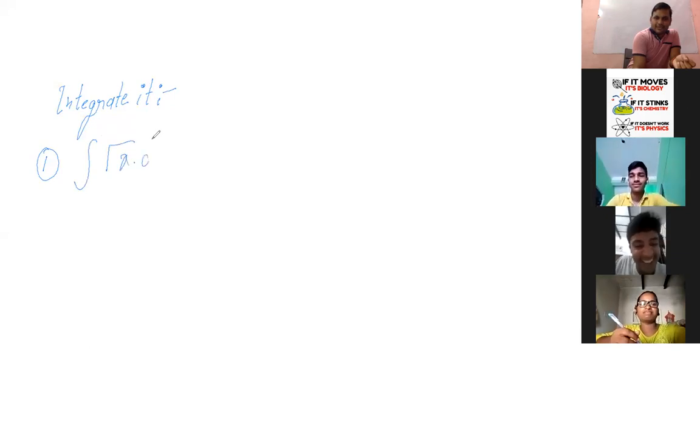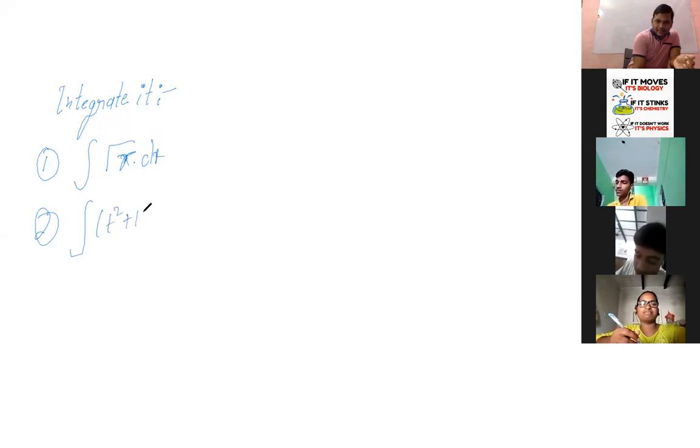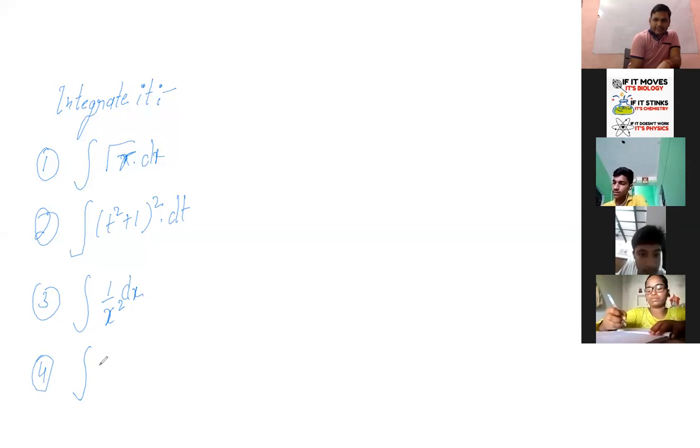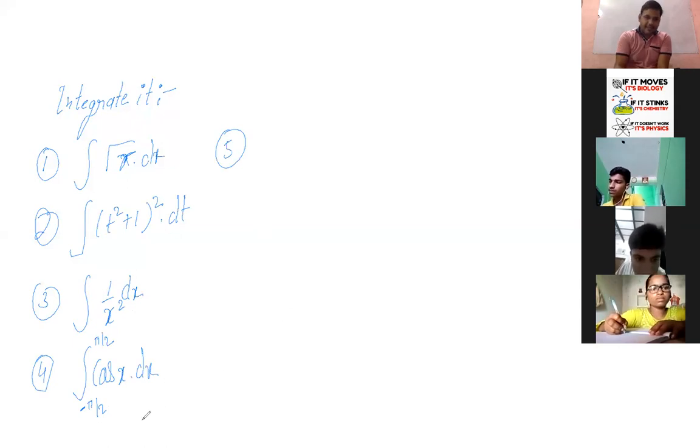The first is the integration of root x cubed, root x dx, and another will be the integration of t squared plus 1, the whole squared, dt. Then the integration of 1 by x squared dx. The fourth one is the integration of cos x dx with limits from minus pi by 2 to plus pi by 2.